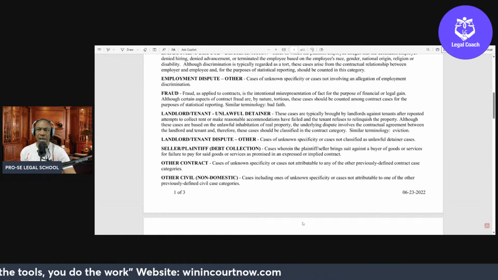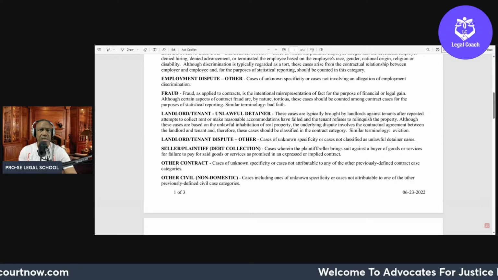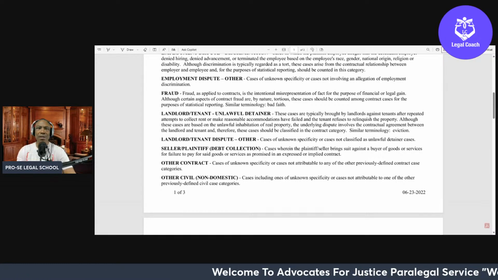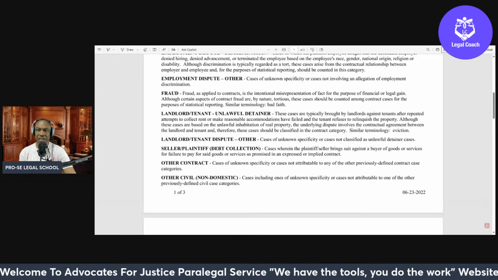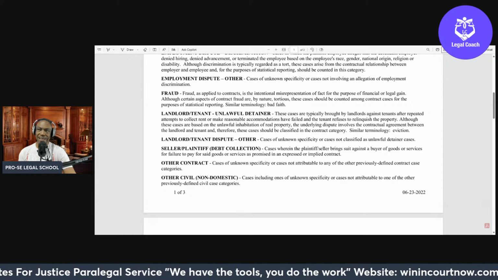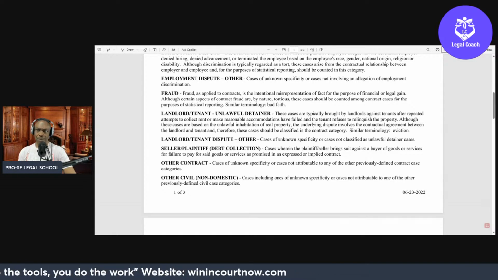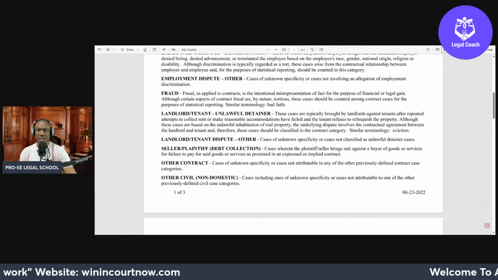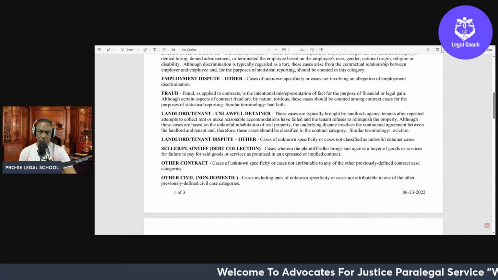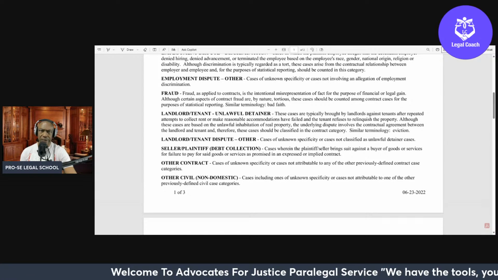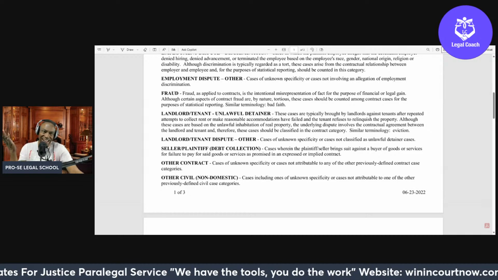You people that have gone through that. Landlord tenant disputes, other cases, unknown specific cases not classified as unlawful detainer cases. There's a door opened up right there for other cases that aren't classified. Is that door open for you guys? For us? I don't think so. I already know it's opened for me.